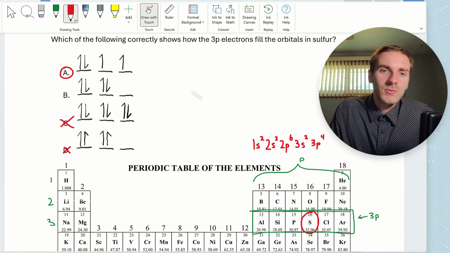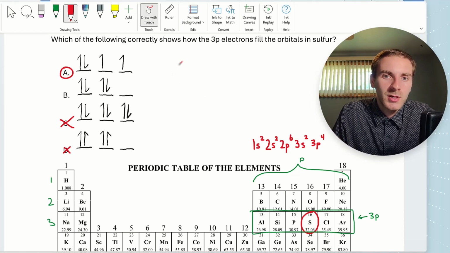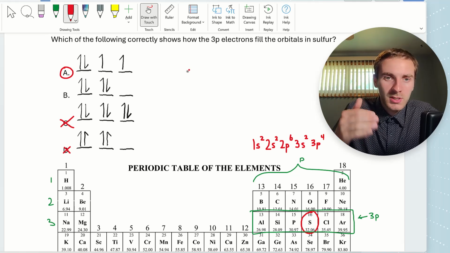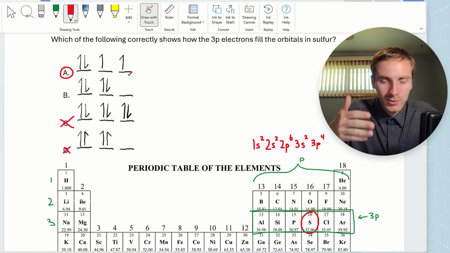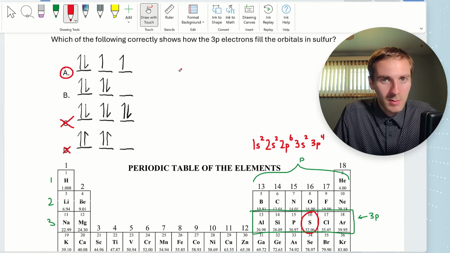But this is really about Hund's rule. Hund's rule says that if you have multiple equal energy orbitals, which is what we have here, these 3 orbitals are all equal energy because they're all 3p, same energy level and sublevel. So this is 3p, this is also 3p, this is also 3p. They have the same amount of energy.